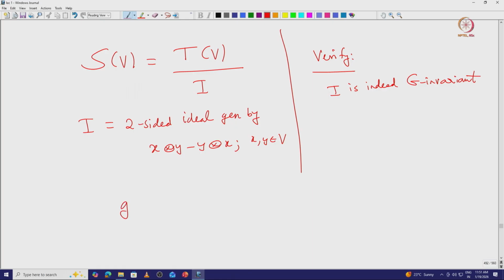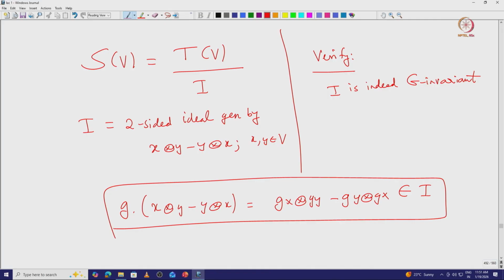If you apply g on this x tensor y minus y tensor x, you get exactly gx tensor gy minus gy tensor gx, which is going to be an element of I. Since this is true for all x, y in capital V, this is what gives you that I is also G invariant. Maybe I will leave it to you to check. This is the exercise: check that it is enough to prove the following.